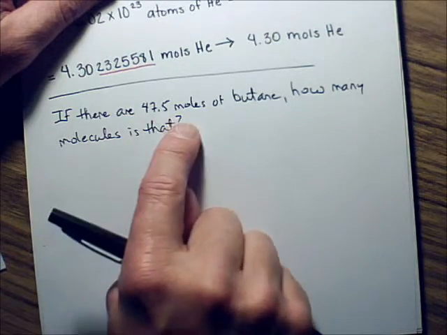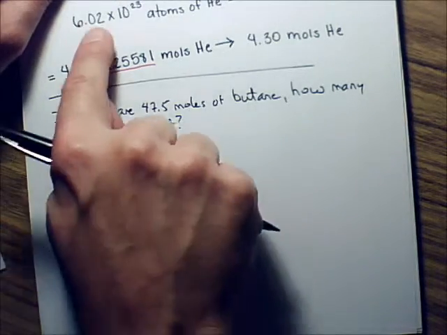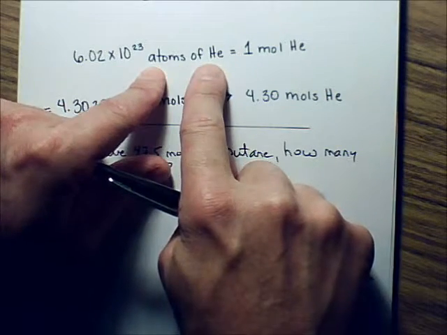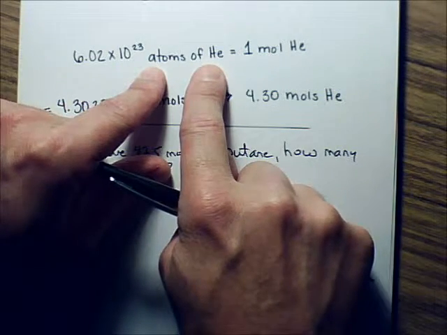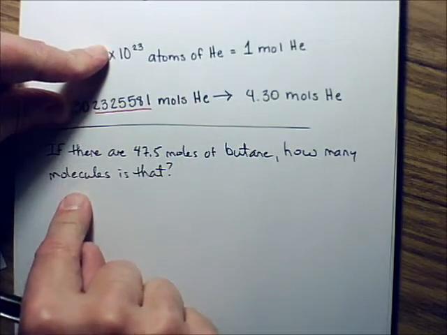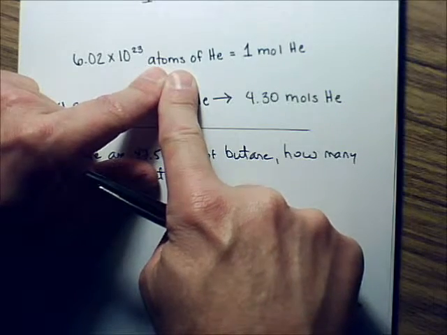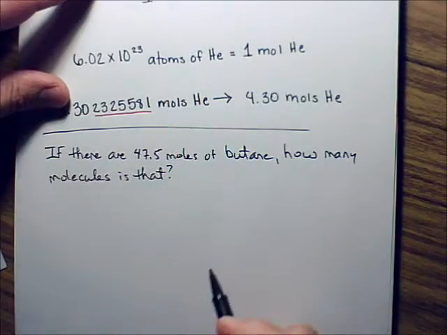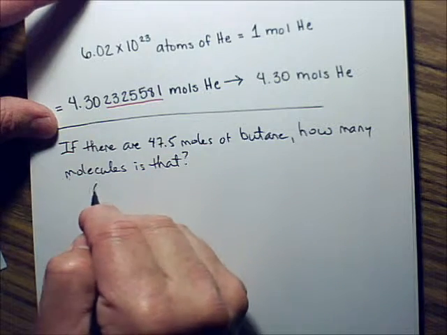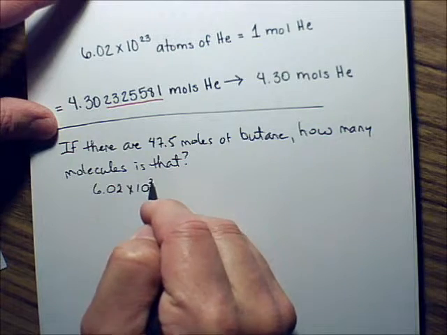Anytime you're going from moles to some kind of particle, you're going to use the same equality statement. We're just going to change what kind of particle and species we're using. This problem is talking about particles that are molecules. So the equality statement we're going to need is 6.02 times 10 to the 23rd.